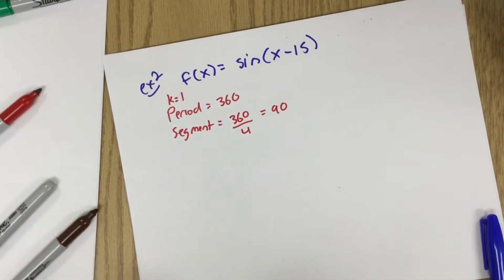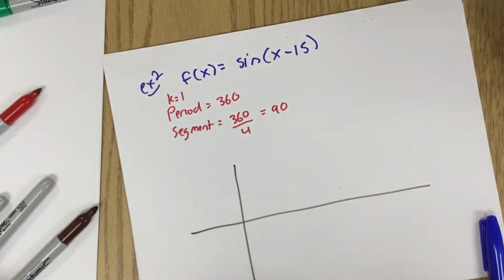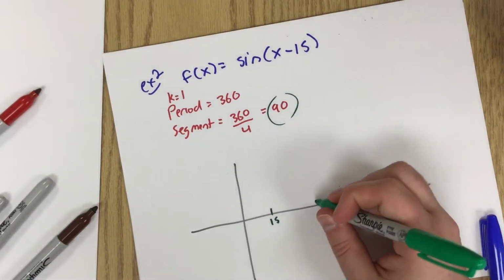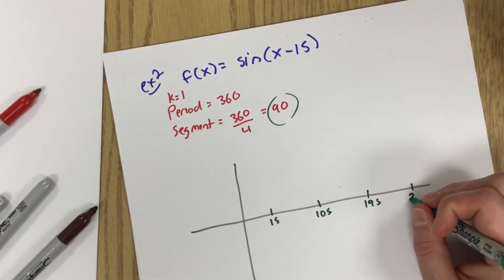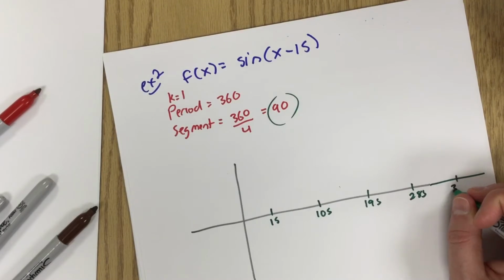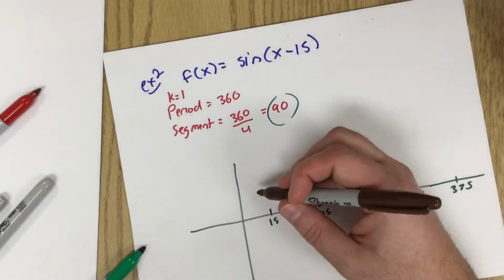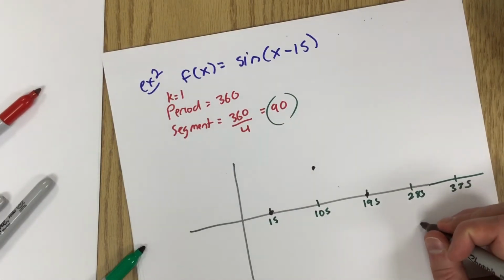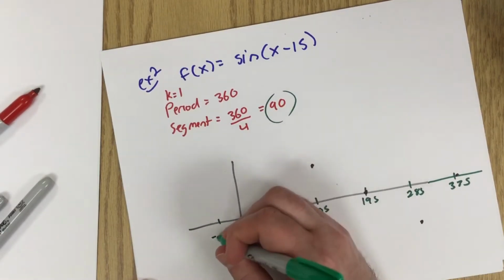So if I'm going to graph this, I've moved right 15, so I start at 15, and then I go up by the segment, which is 90. So I go to 105, 195, 285, 375. It's a sine graph, so it starts in the middle, goes up, goes down, and so on. Going backwards it would be minus 75, I think.